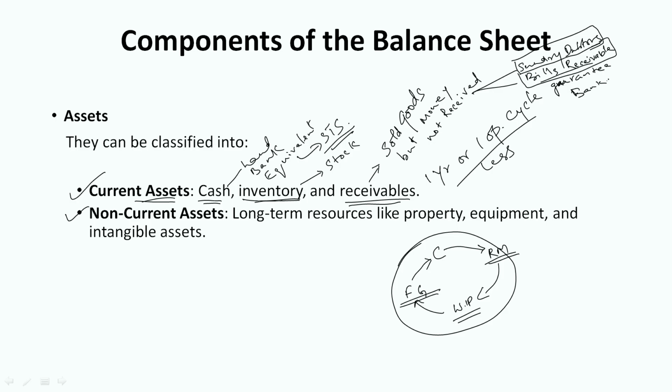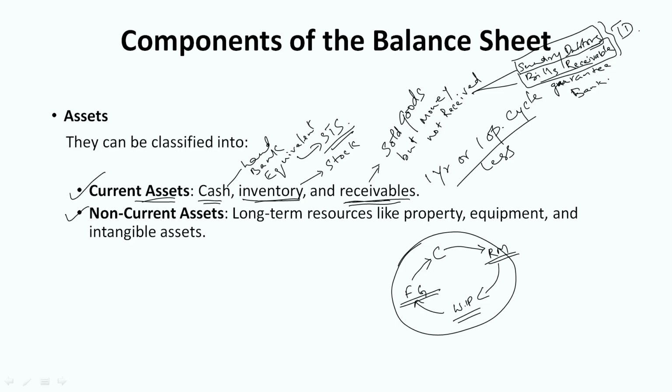Okay, and if they are not going to pay on time, the bank takes the responsibility to pay you. So these two put together are called your trade debtors. Okay, so these are part of the receivables, and these are short term in nature, and they are considered as current assets.